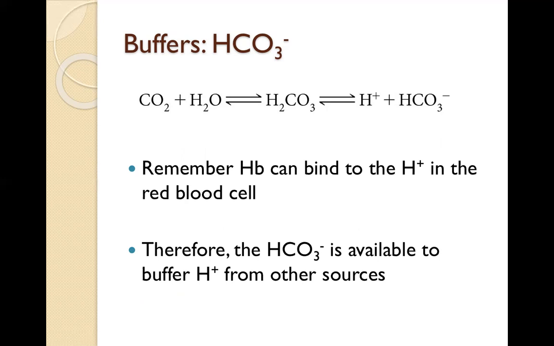Number one, when this reaction occurs, the proton from this reaction can bind on to hemoglobin. So if you remember from our carbon dioxide transport, this proton will bind to hemoglobin, meaning that this bicarbonate ion is now available to buffer hydrogen ions from other sources, whether that happens to be from lactate or from the citric acid cycle or an amino acid, or whether it's from an exogenous acid, like a medication that tends to be acidic.